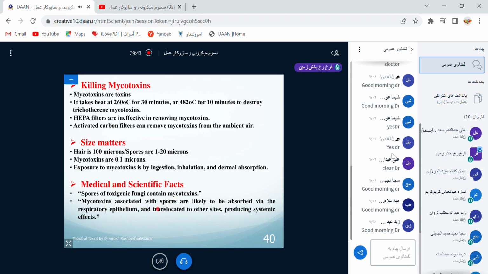Mycotoxins associated with spores are likely to be absorbed via the respiratory epithelium and translocated to other sites, producing systemic effects. So they can reach the blood, and through the blood can reach different tissues, different parts of the body.